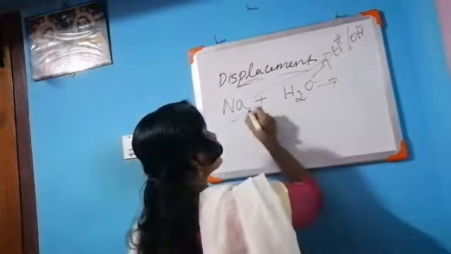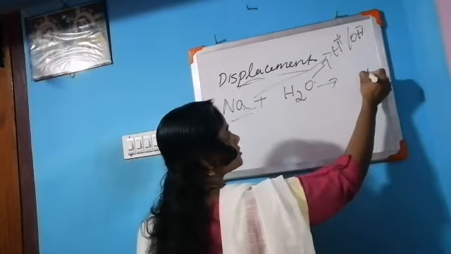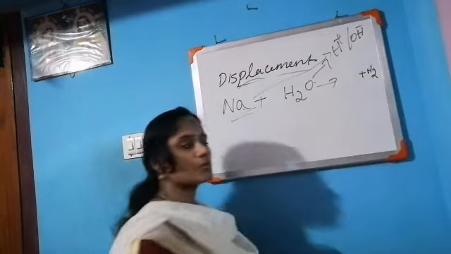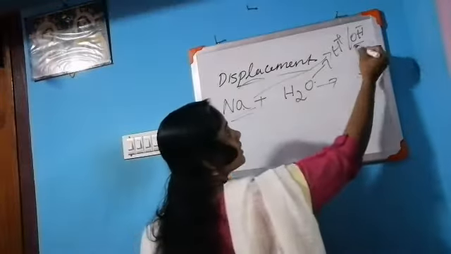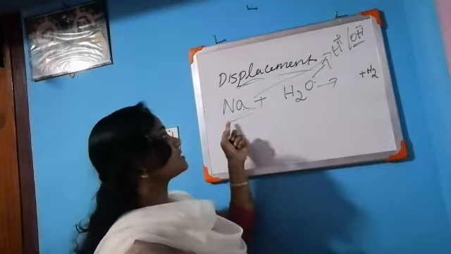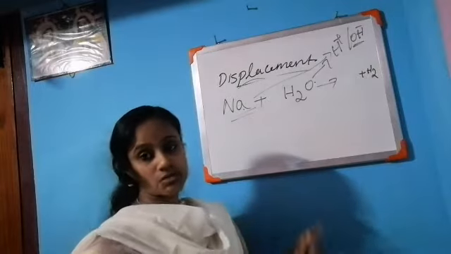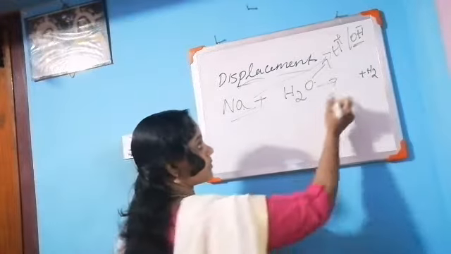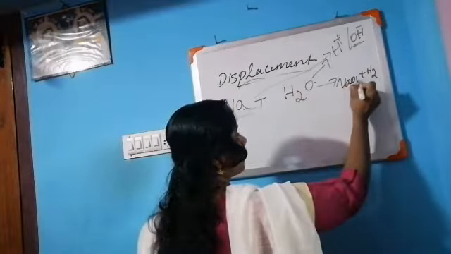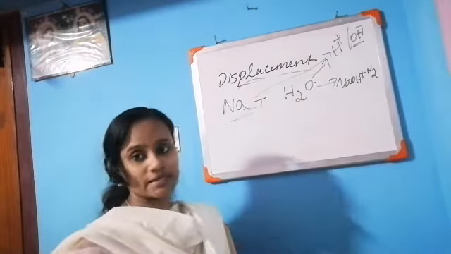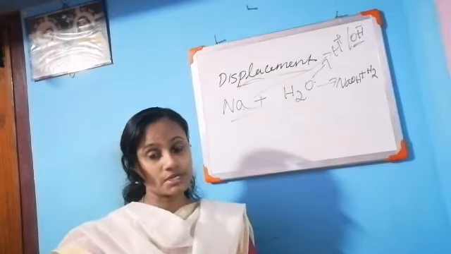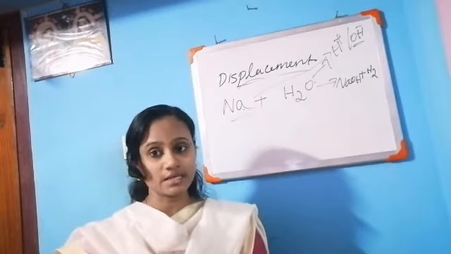So sodium displaces hydrogen gas. Hydrogen is a diatomic molecule, so we should write H2. Sodium is positive, OH is negative, so sodium and OH combine to form sodium hydroxide, NaOH. Clear now, dear children? Then balance the equation. That is your duty. You must balance that equation.